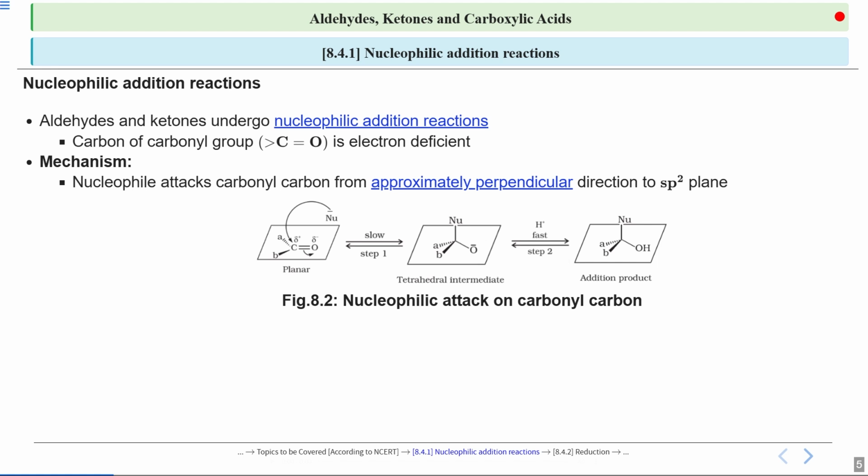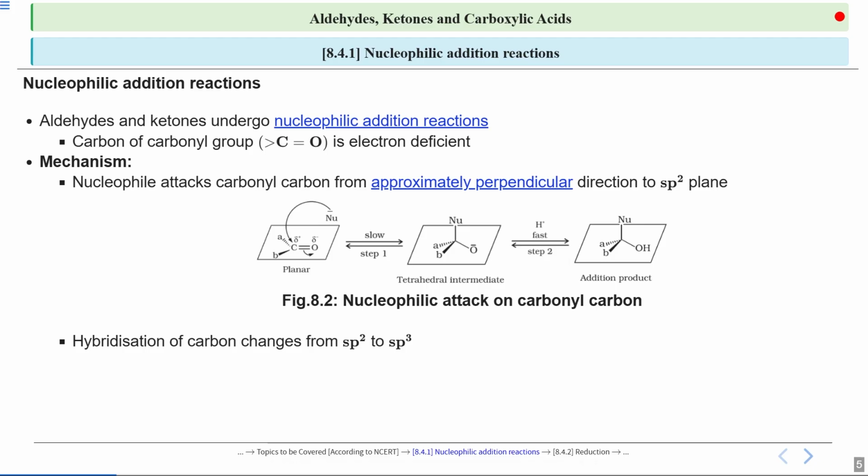This is the first step where the nucleophile attaches. It is the slow step, and the slow step is the RDS, the rate determining step. In the second diagram, it forms an intermediate, which is a tetrahedral intermediate. The nucleophile gets attached to the carbonyl carbon. As the nucleophile attacks, the hybridization of the carbon changes from sp2 to sp3.